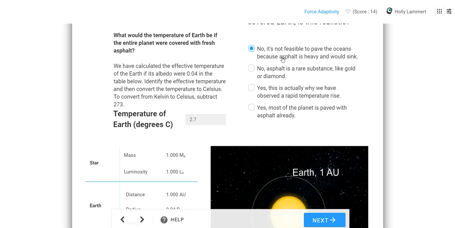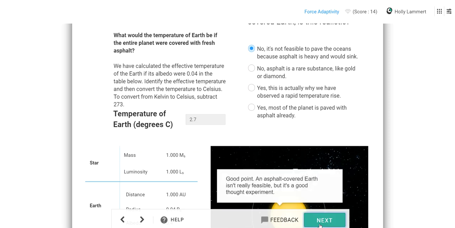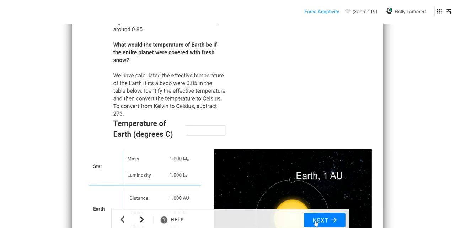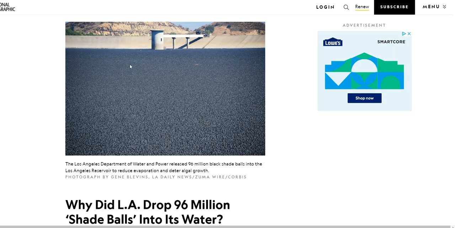Oh, I wonder if they're going to talk about... Okay, I see where they're going. Here we go. There are actually... Okay, they're not going here, but this is a little side note. There's this reservoir in LA, and they put these shade balls on top. So imagine going to McDonald's and playing in the play place, which of course you can't do right now, but it's like those. And they put them all over the reservoir.